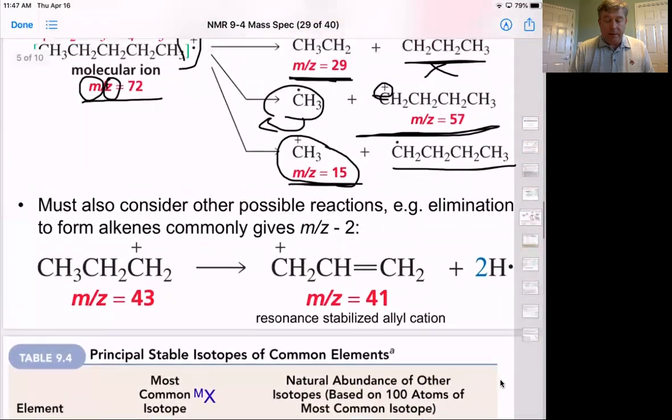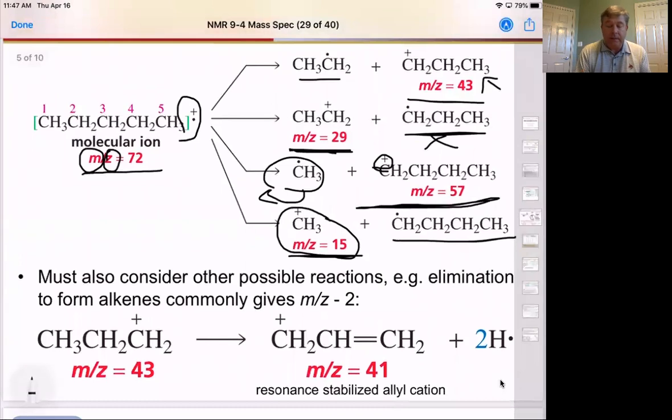The way that we get those kind of things happening is that our major fragment loss will give us our primary mass to charge peak of 43, but it can actually rearrange, eliminate 2 hydrogen radicals and drop it by 2 grams per mole, giving us a more stable allylic cation. So we actually will see some common fragments where they will lose 1 or 2 hydrogens to form a more stable cation fragment that we'll see in that splitting pattern.